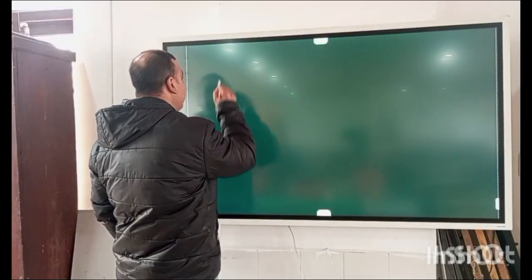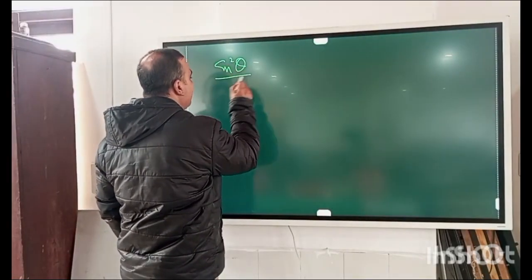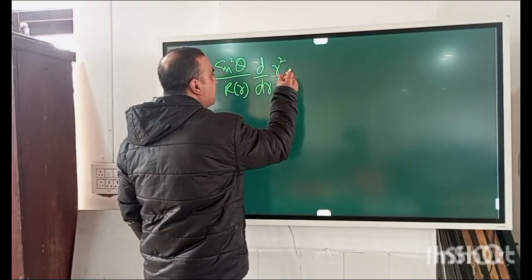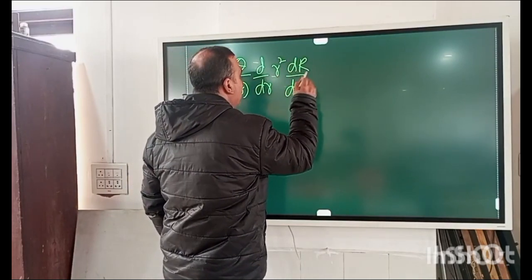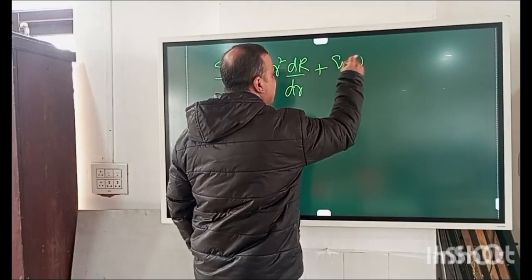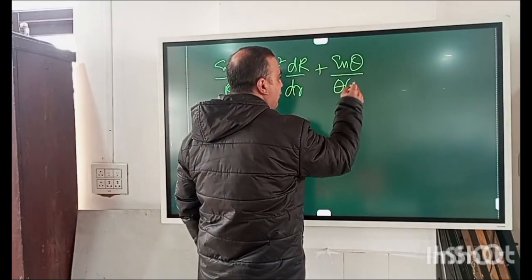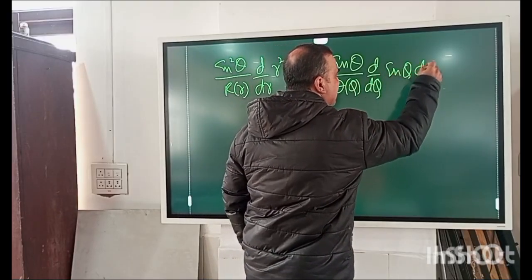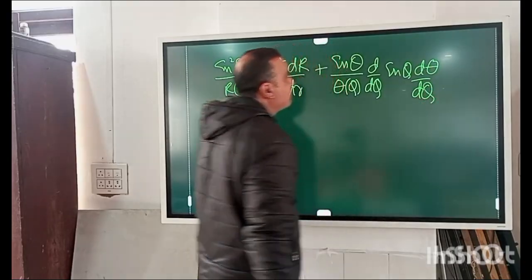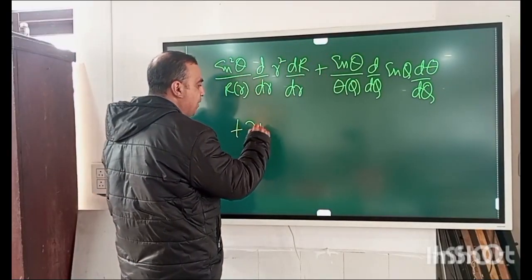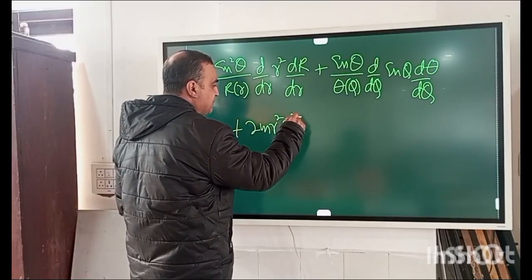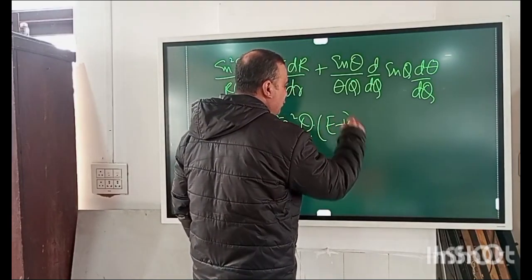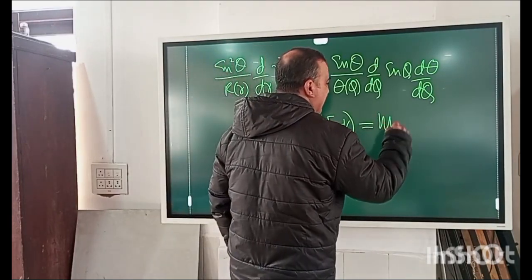The first one is sin²θ/R(r) d/dr of (r² dR/dr), plus sin θ/Θ(θ) d/dθ of (sin θ dΘ/dθ), plus 2m r² sin²θ/ħ² times (E − V), and this must be equal to ml squared.